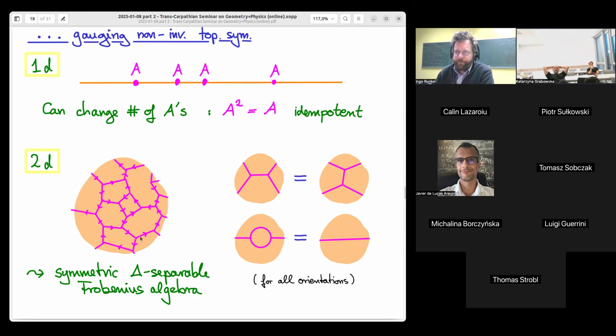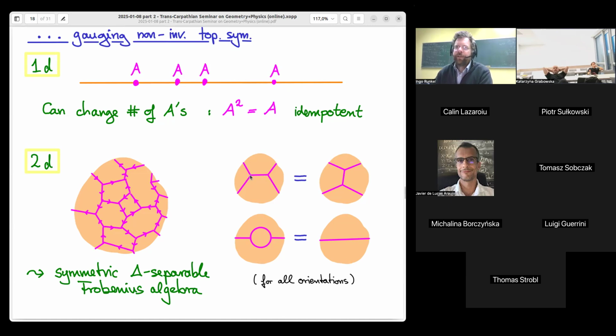And so categorically, remember that I've got this monoidal category, which describes these line defects. That means inside this category, I'm pointing at something called a symmetric delta-separable Frobenius algebra. And algebra is because that's a little bit like an associativity condition. And if you translate it back to the categorical side, it's exactly an associativity condition.